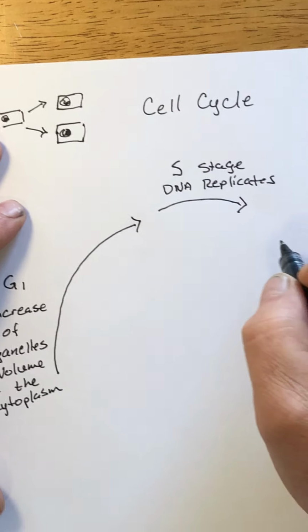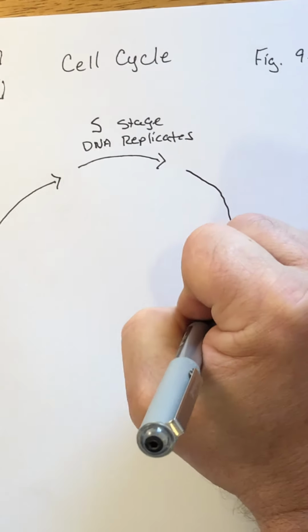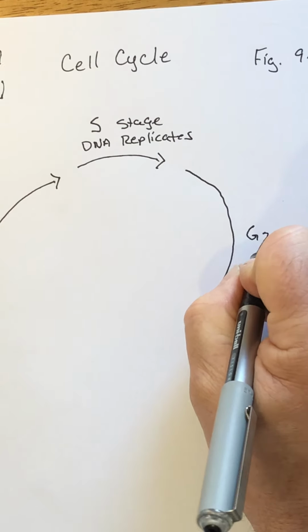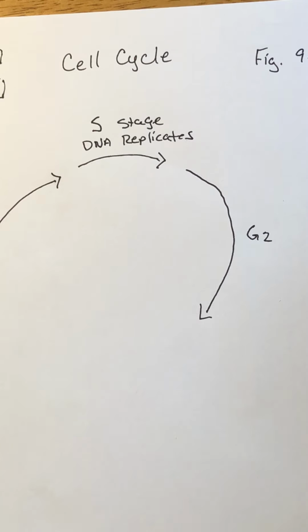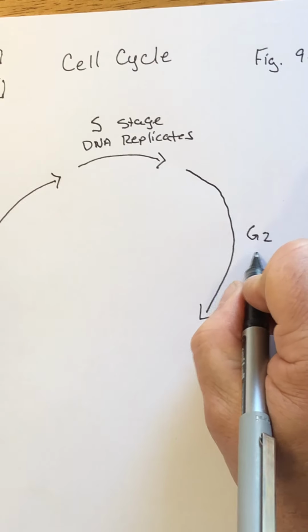And then the next stage or phase of mitosis is G2. And G2 is really final preparation for cell division. So any loose ends, anything that needs to be taken care of, that happens during the G2 stage of the cell cycle.